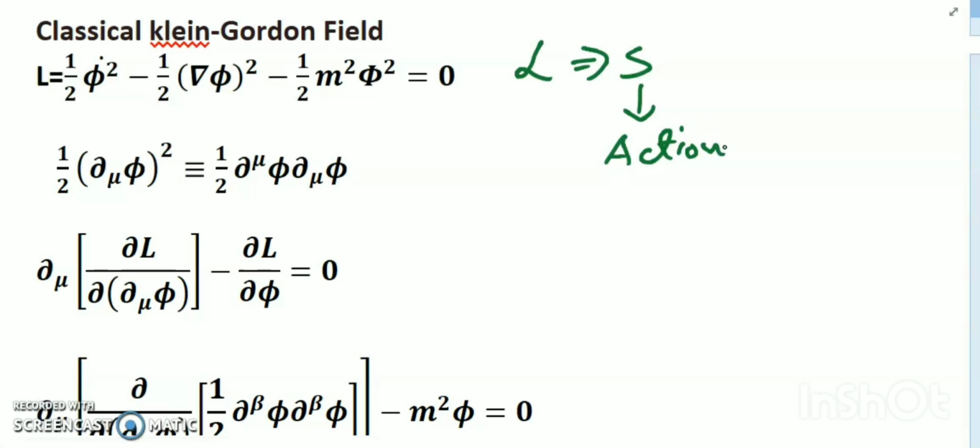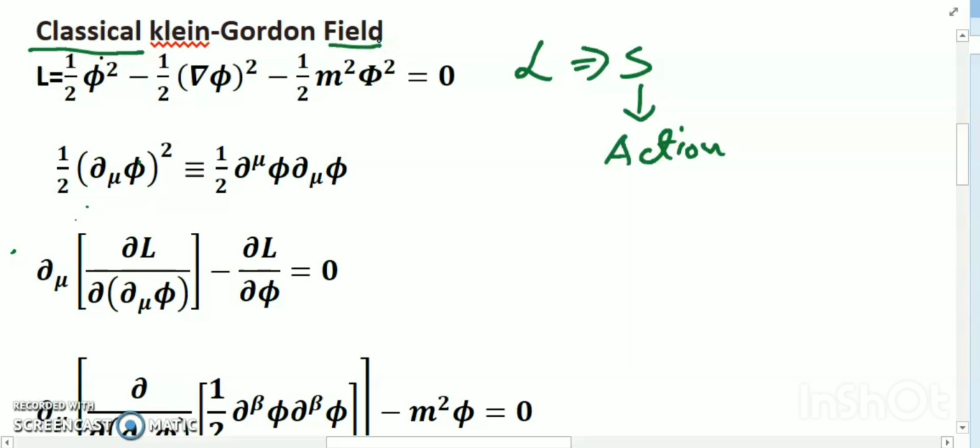The Klein-Gordon field is basically the scalar field that follows from this Lagrangian equation. This is a way of approaching the motion of Klein-Gordon. It is a classical field. Klein-Gordon is classical. This is the classical Klein-Gordon field.